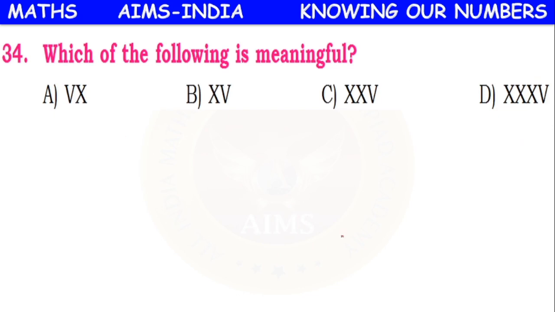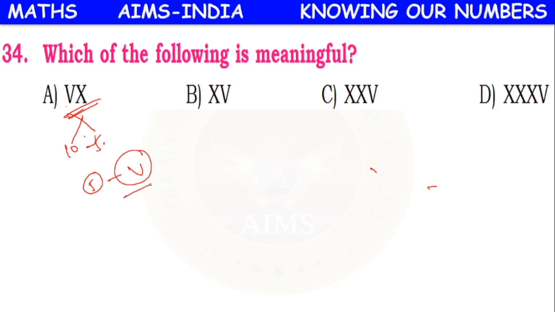So next, question 34. Which of the following is meaningful? VX. V stands for 5. X stands for 10. As the smaller number is coming first, subtraction 5.